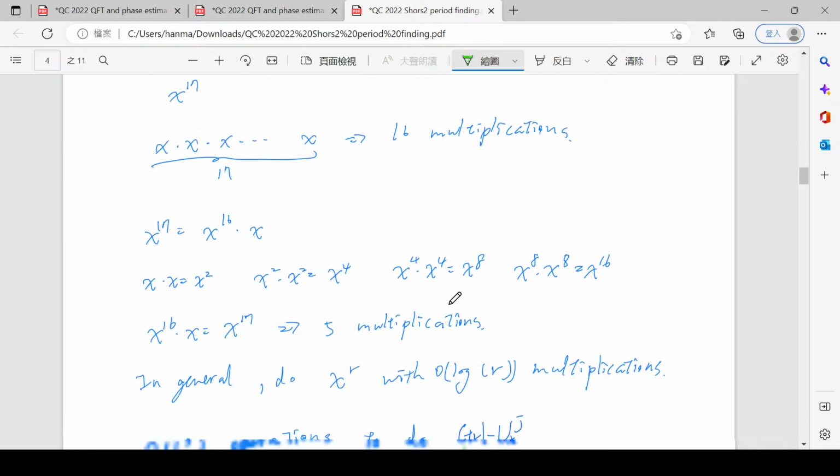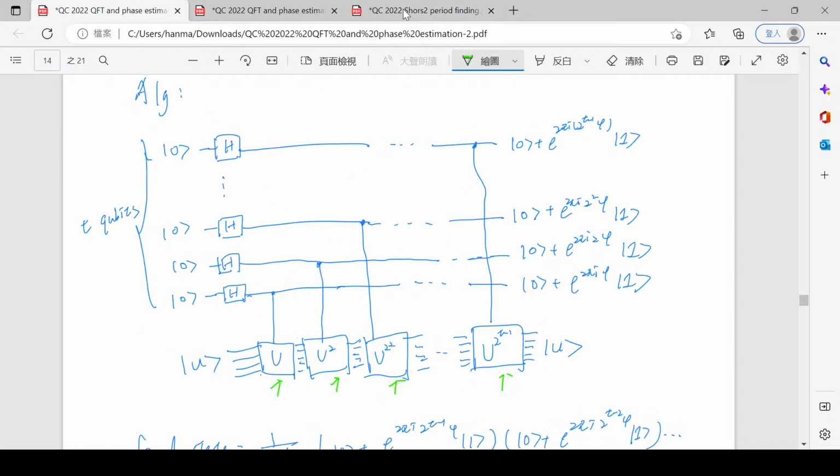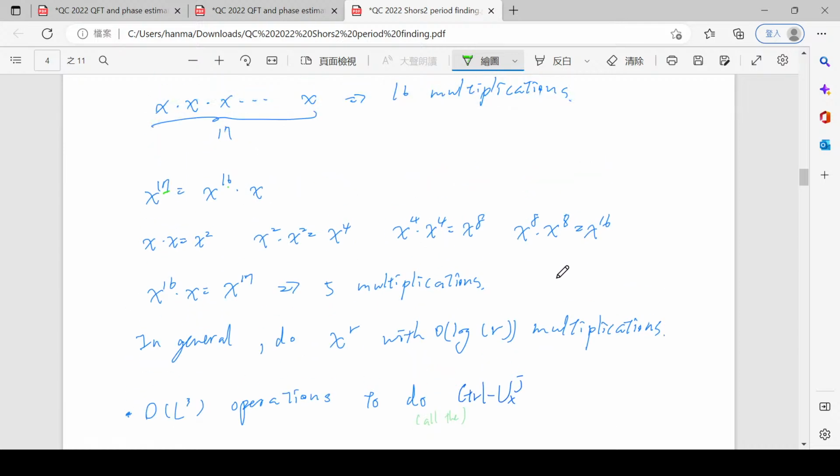But if you write your 17 in binary, you think 17 is 16 plus 1. Then you can do this x to the 16 part really fast, because you can do x times x equal to x squared, then x squared times x squared equal to x fourth, and x fourth times x fourth equal to x8, x8 times x8 equal to x16.